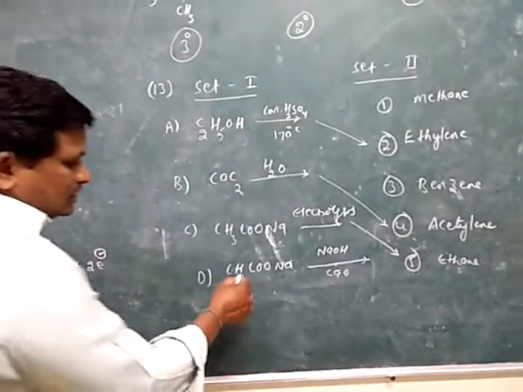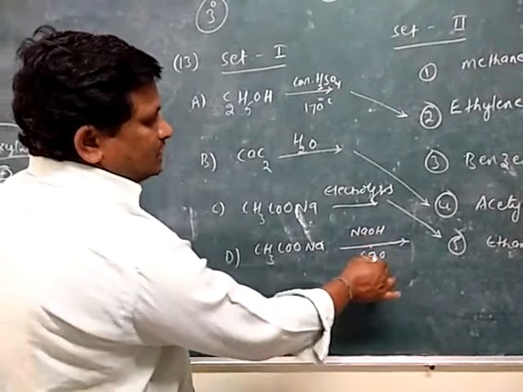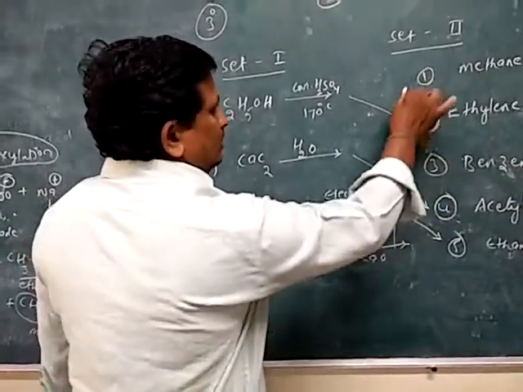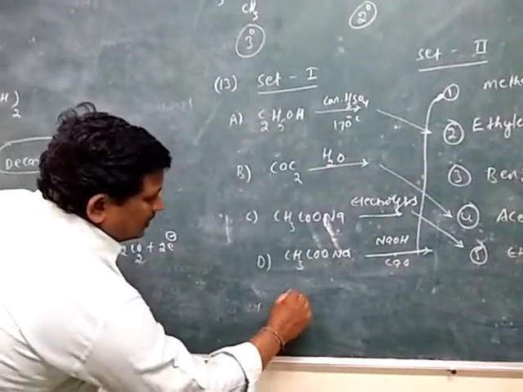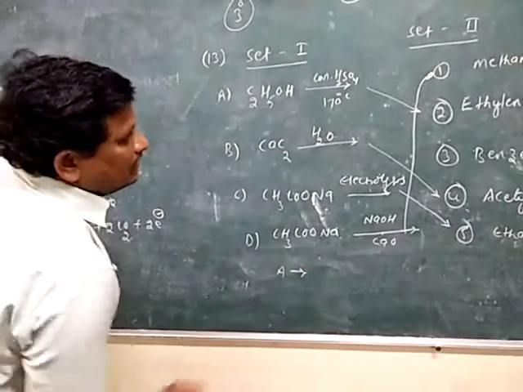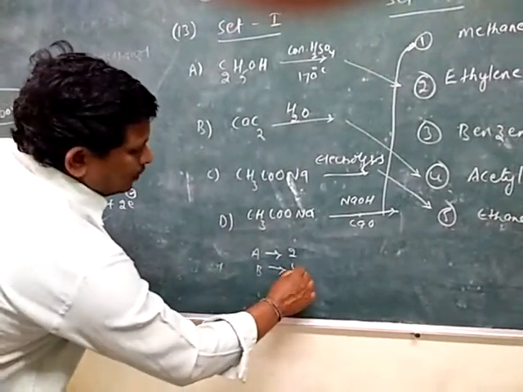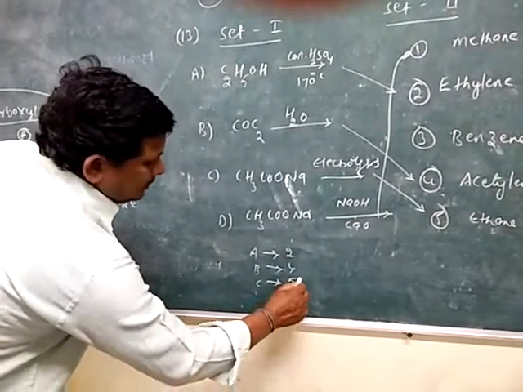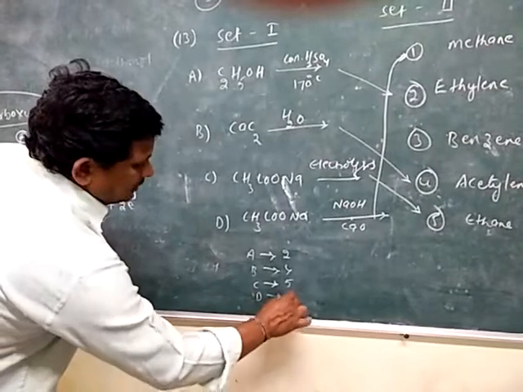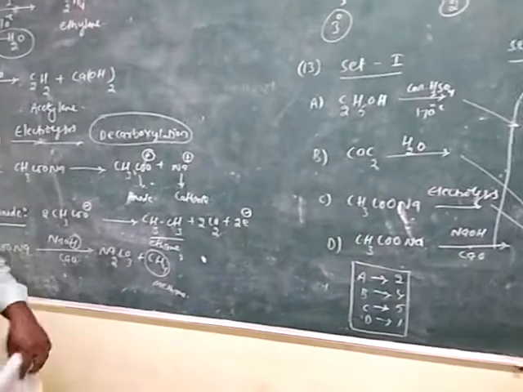And sodium acetate with NaOH and CaO gives methane. So the options are: A is 2, B is 4, C is 5, and D is 1. So these are the matching answers of the following compounds.